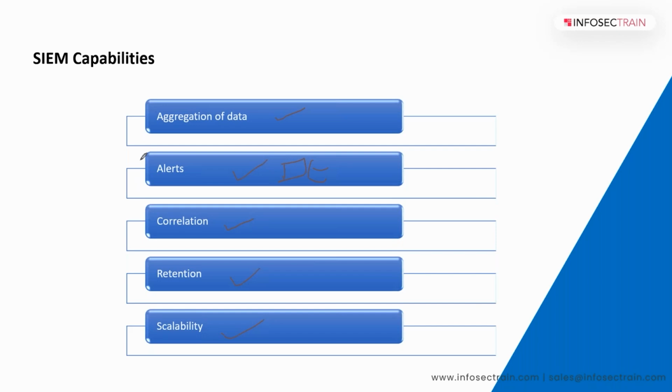Okay, then we have retention. Now, retention is what? Retain the old log or data after a long period of time. So what we are doing, we are creating a rule out of it. Okay, correlation over the data. Let's say an event occurred last year, so let's do an analysis. What type of event has occurred?